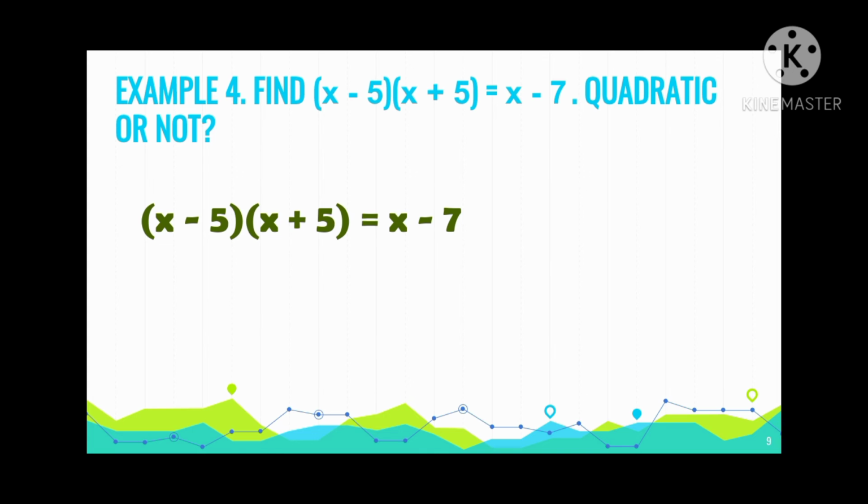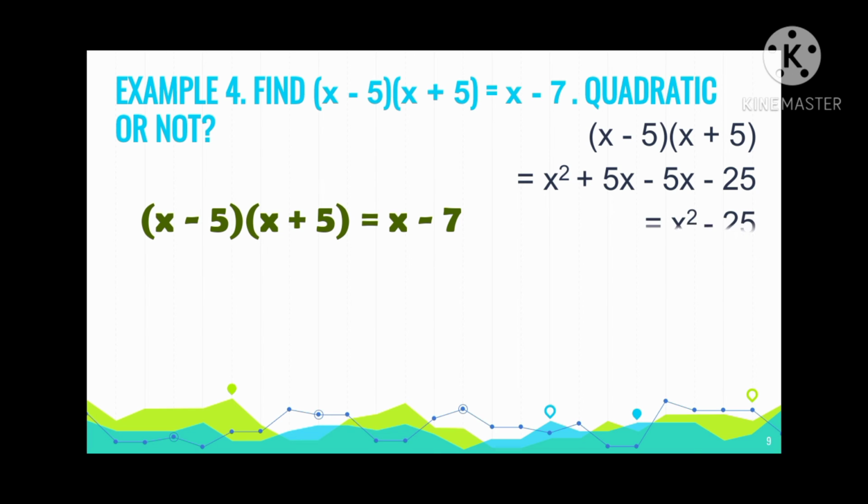So, we have the sum and difference of two terms. So, if we are going to use the FOIL method, we have x squared plus 5x minus 5x minus 25. So, cancel 5x and 5x. So, the answer now is x squared minus 25.